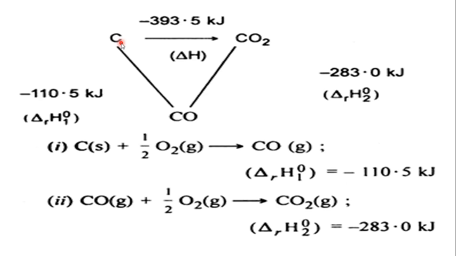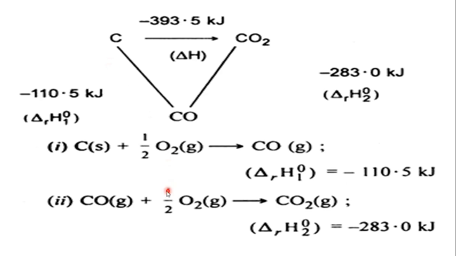See here, carbon is converted into carbon dioxide by two ways, by direct method or by this method. That is, first it is converted into carbon monoxide and then carbon monoxide is converted into carbon dioxide. Now when carbon is converted into carbon dioxide in a single step, the enthalpy change is minus 393.5 kilojoules.